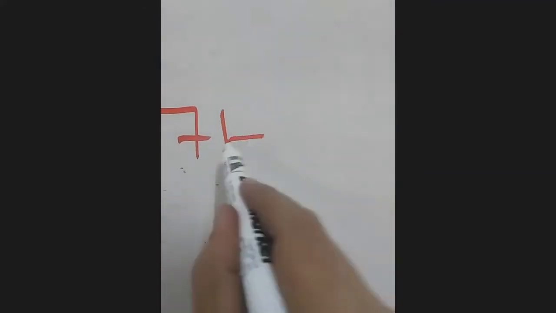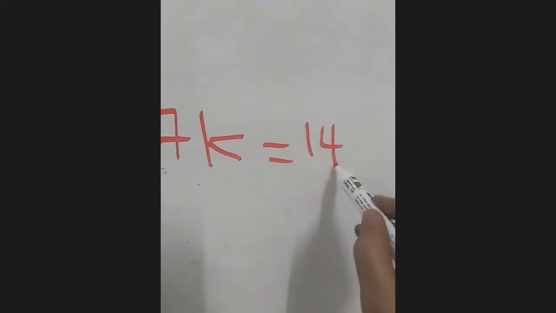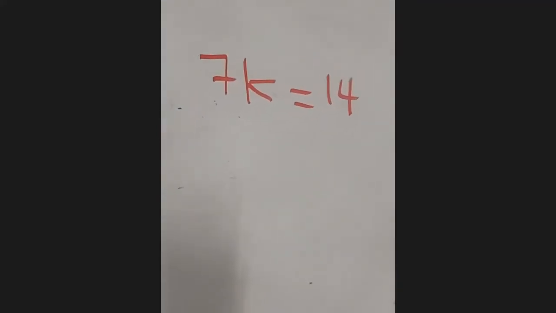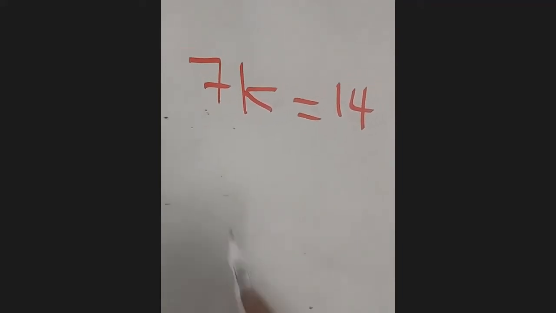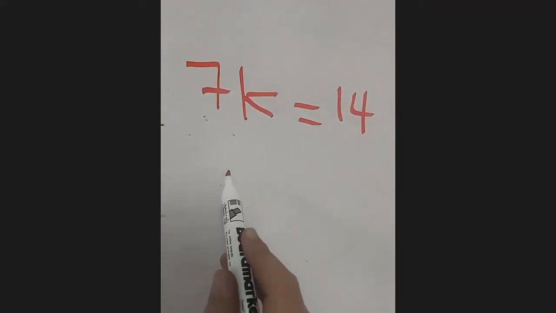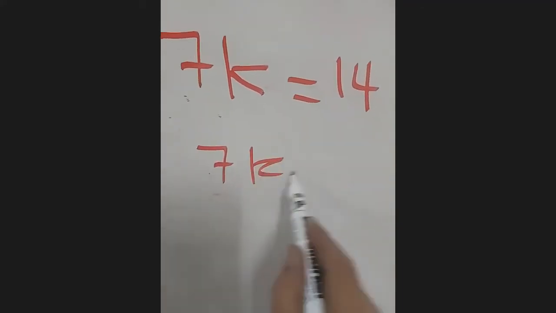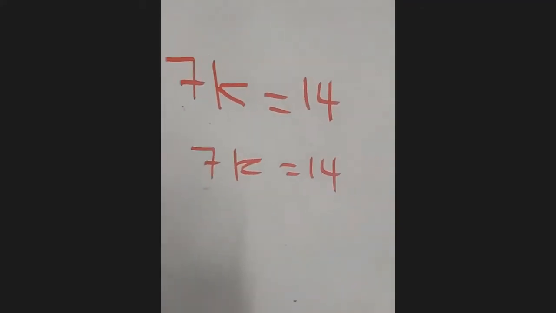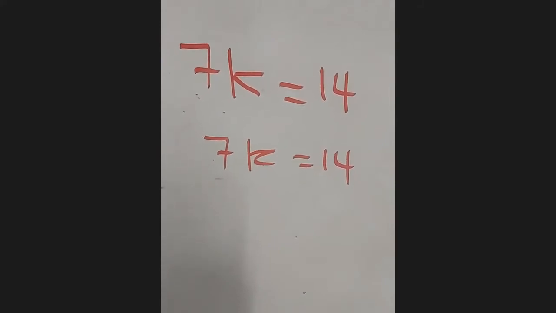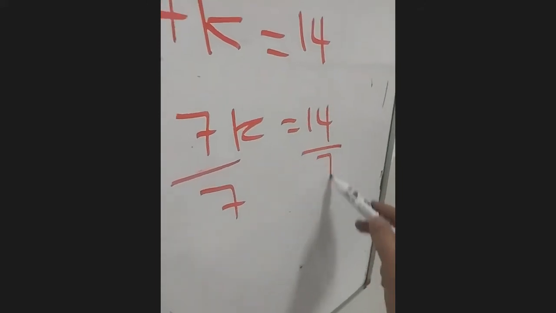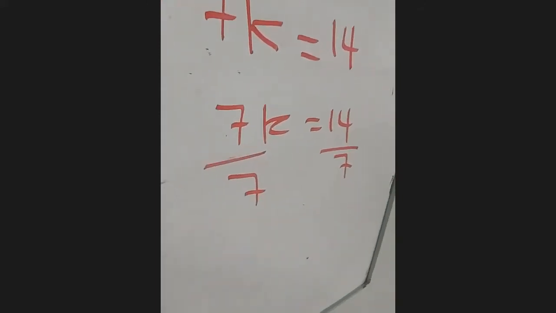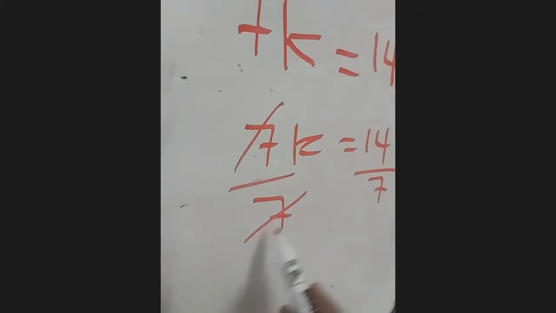Look here. 7k equals 14. What will I do? Tell me. We will write the equation. Then divide by 7 on both sides. We divide by 7 like this in both sides, right? Yes. Now the 7 with the 7 are gone.